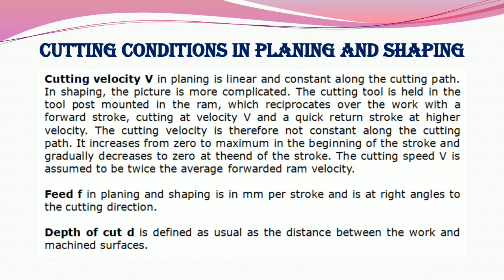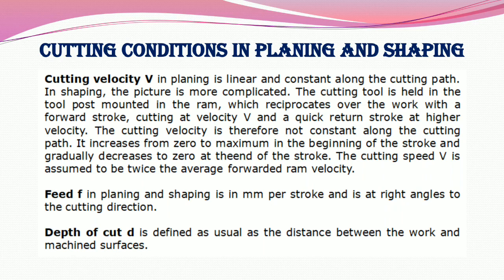Cutting velocity V. Cutting velocity V in planing is linear and constant along the cutting path. In shaping, the picture is more complicated. The cutting tool is held in the tool post mounted in the ram, which reciprocates over the work with a forward stroke, cutting at velocity V, and a quick return stroke at higher velocity.